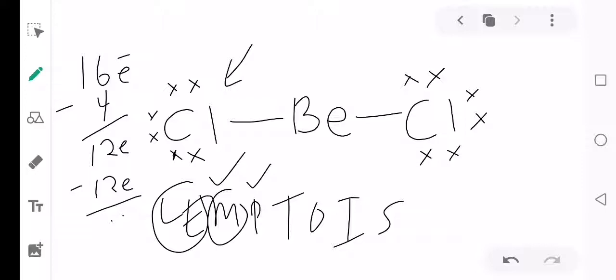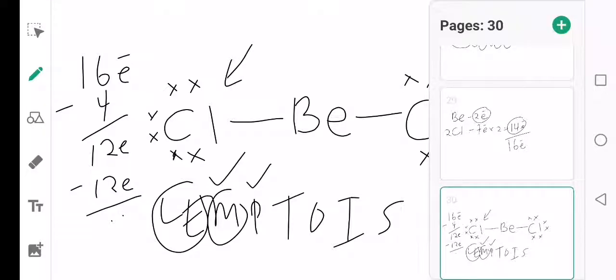Okay, molecular geometry. Be, Cl, and Cl. So the molecular geometry for this one is AB2, which means linear.